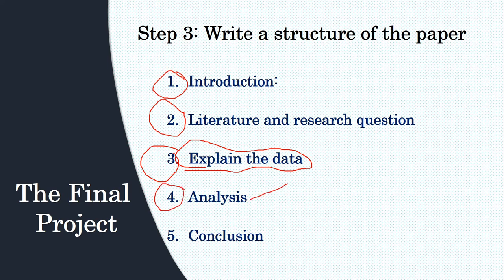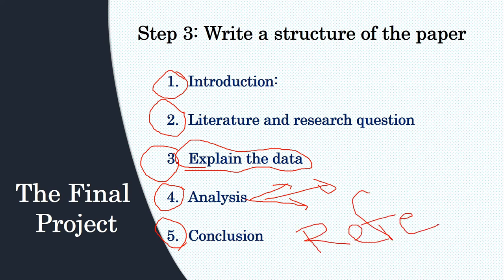Here you will do the descriptive statistics, correlation analysis, and regression analysis, and you will check whether those results support your question, and finally you will conclude your research. And you will have to use correct references for your literature and other things.